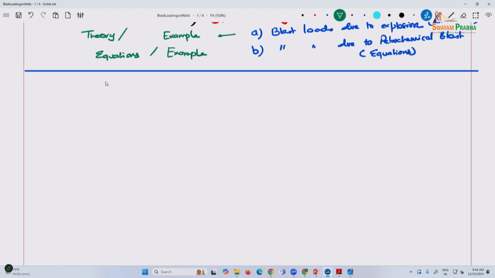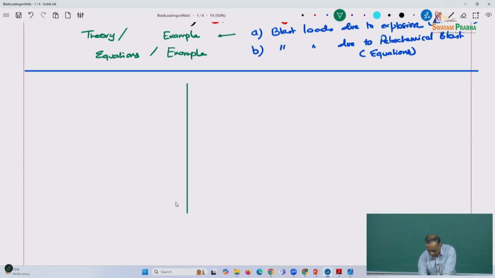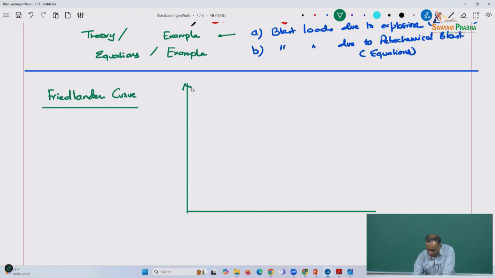So, you've seen yesterday the characteristics of the curve. Let's say this is the Friedlander curve, and a typical blast load has a rise time. We saw yesterday that it has an arrival time, TA, and whether it is PR or PSO, whichever you consider.